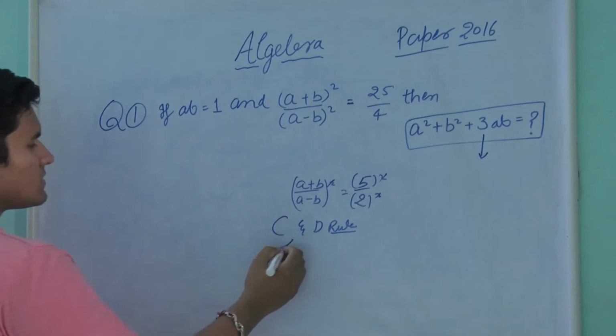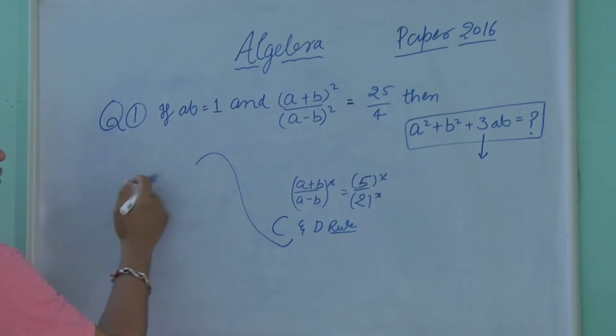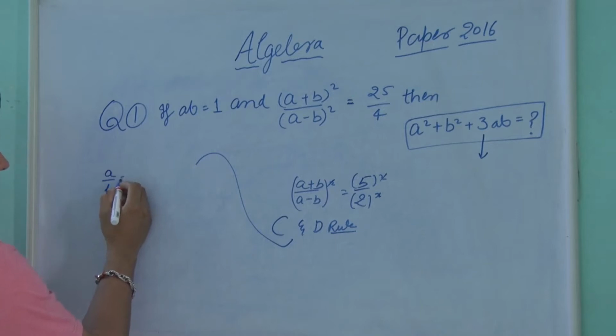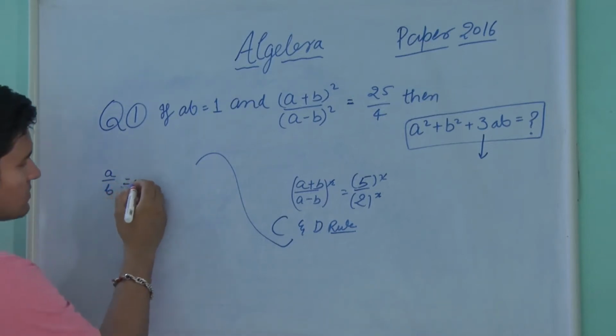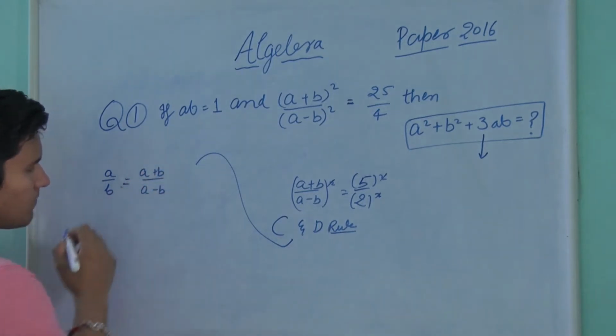I am just explaining it if you don't remember it. The C and D rule is: if you have A upon B, then by applying the C and D rule it will become (A plus B) upon (A minus B).